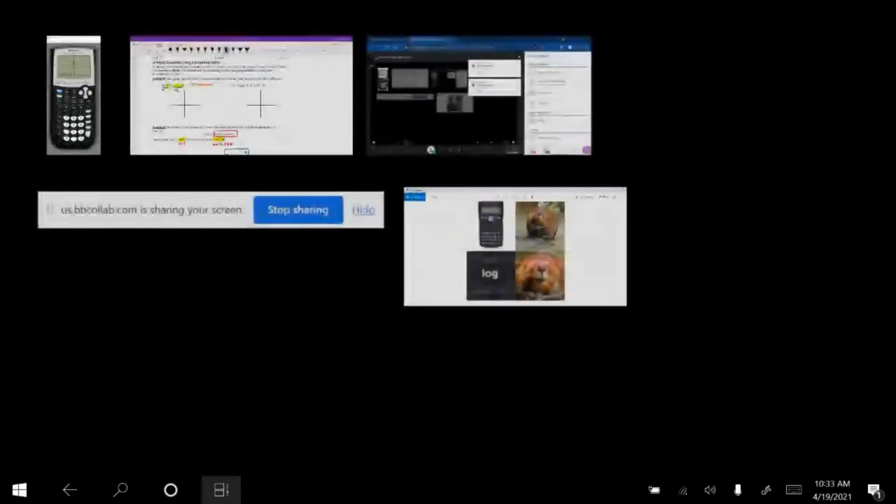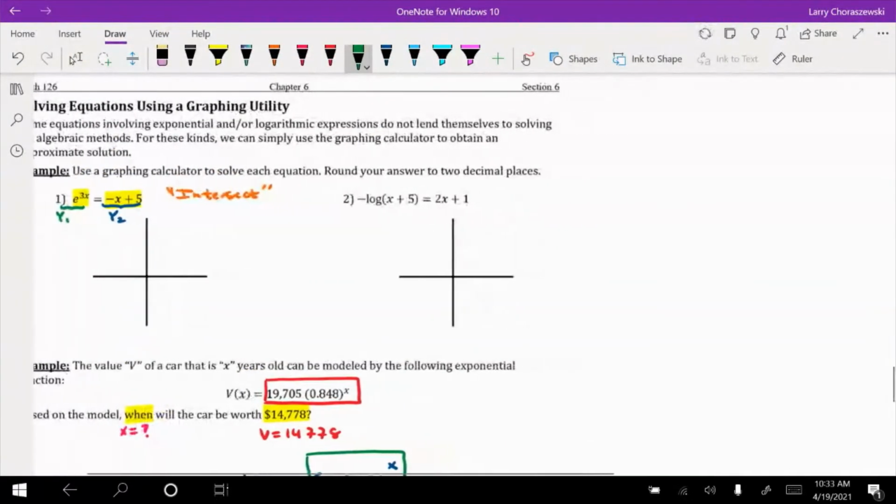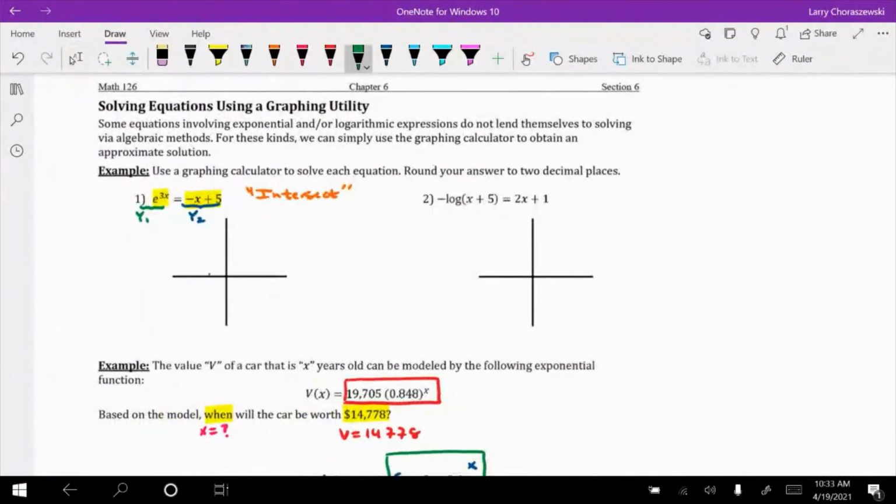Okay. Let me go back here. So e to the 3x did something like this, and then negative x plus 5 did a little something like that. And this is roughly 0.50.